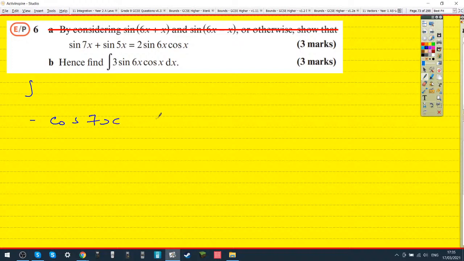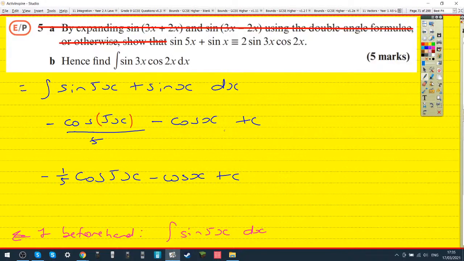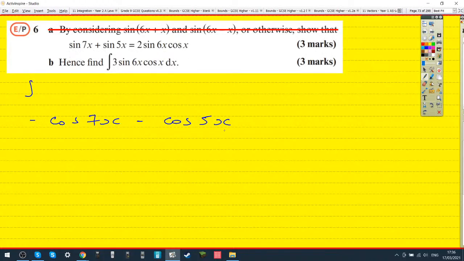Yeah. So that was the integral of sine 7x plus sine 5x.